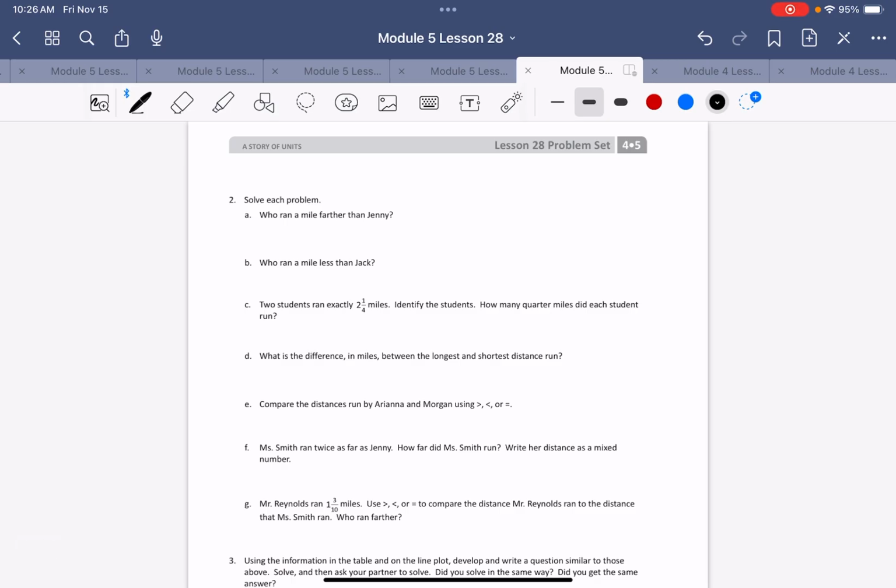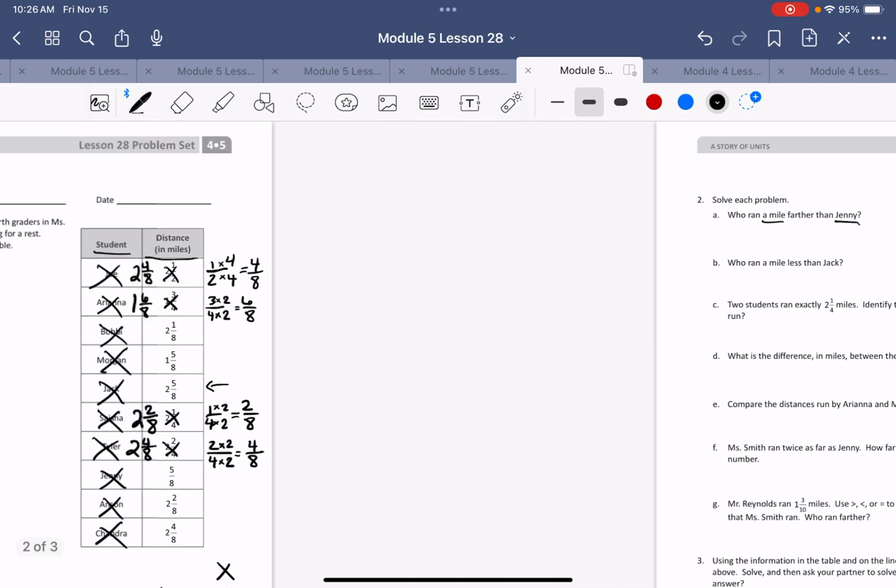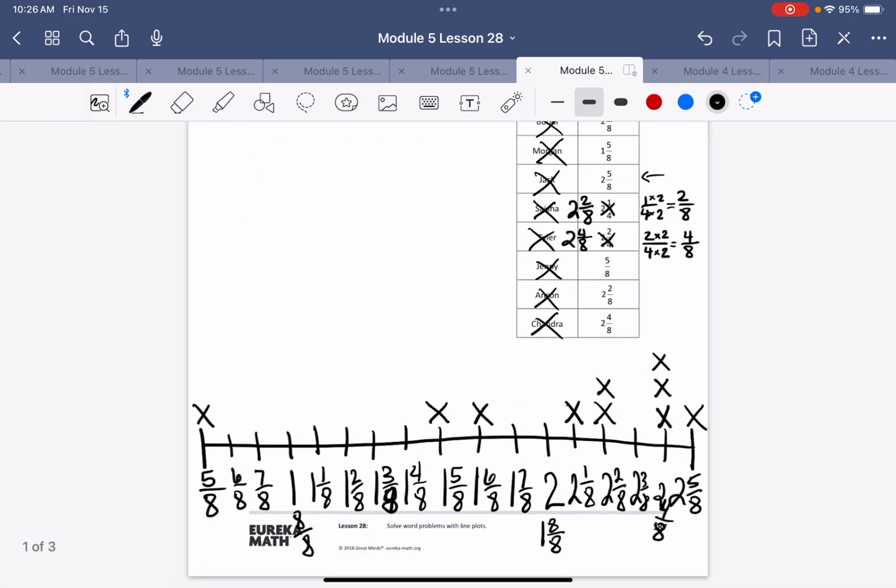So if I had the question on 2A, who ran a mile further than Jenny? Okay, so if I look at Jenny's score, I know that Jenny ran 5/8. So a mile further than that would be 1 more, so 1 5/8.